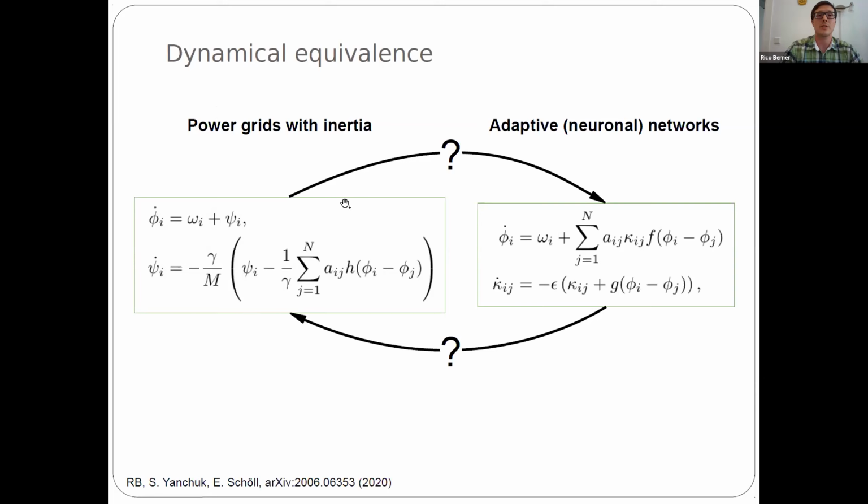So the phase oscillator with inertia, I have just rewritten it as a system of first order differential equations. And here we have our adaptive neural networks. And now we have a look at this direction.